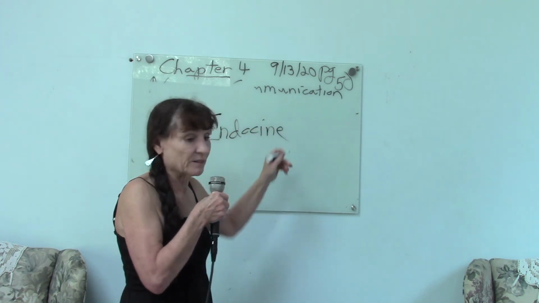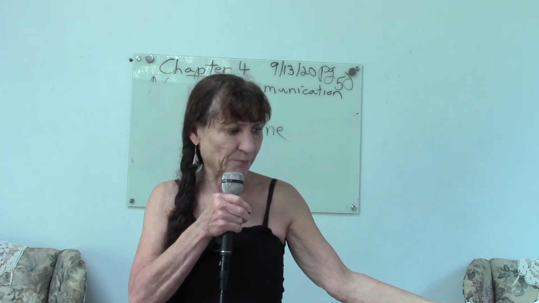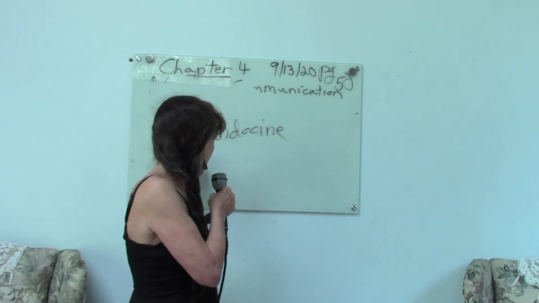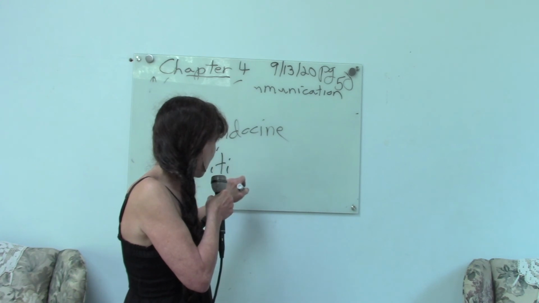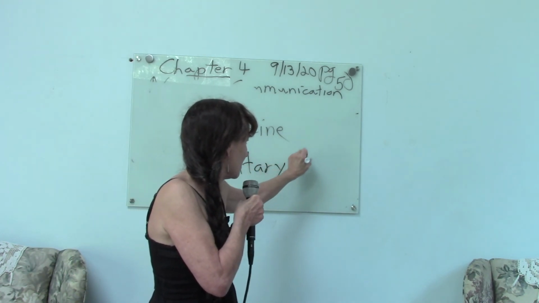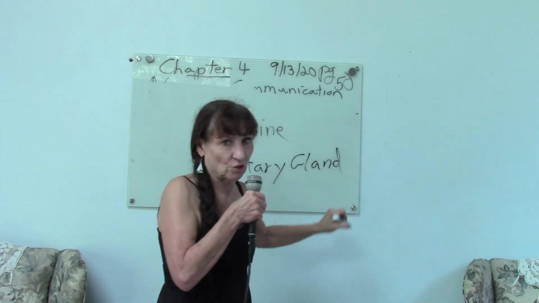If you look at this list of hormones and what they do, and the glands that go along with them, you'll probably recognize some of them. The thyroid, you probably recognize that. What I want you to know about this is that the pituitary gland is the master gland.